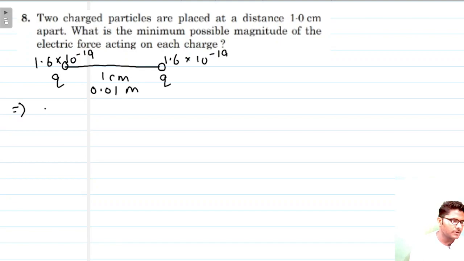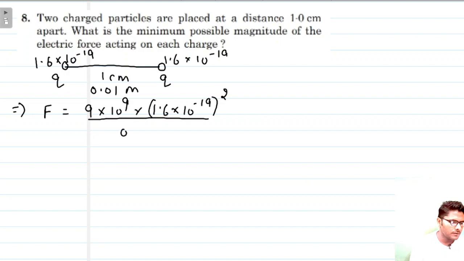So the force will be F is equal to 9 into 10 raised to the power 9 into (1.6 into 10 raised to the power minus 19) whole square over 0.01 square.